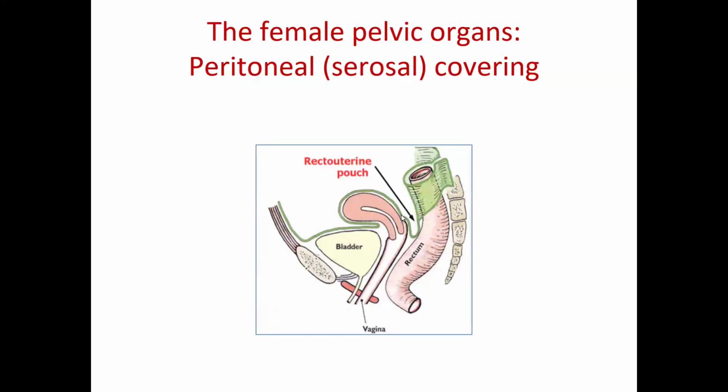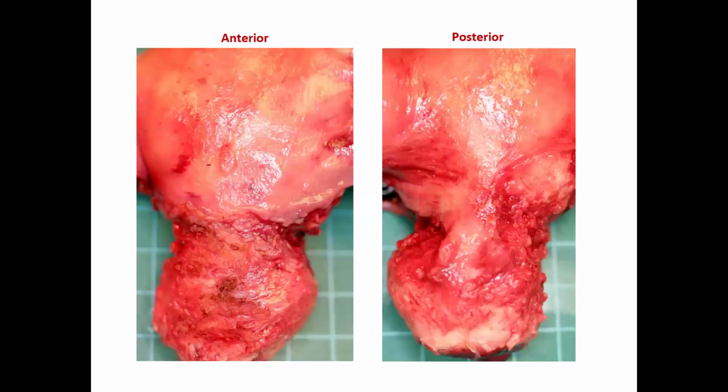So the surgical margin anteriorly is soft tissue, but posteriorly there is really no surgical margin. There's only vaginal margin that gets the uterus out. We will talk about that. So by the time you receive the uterus, it looks like this.